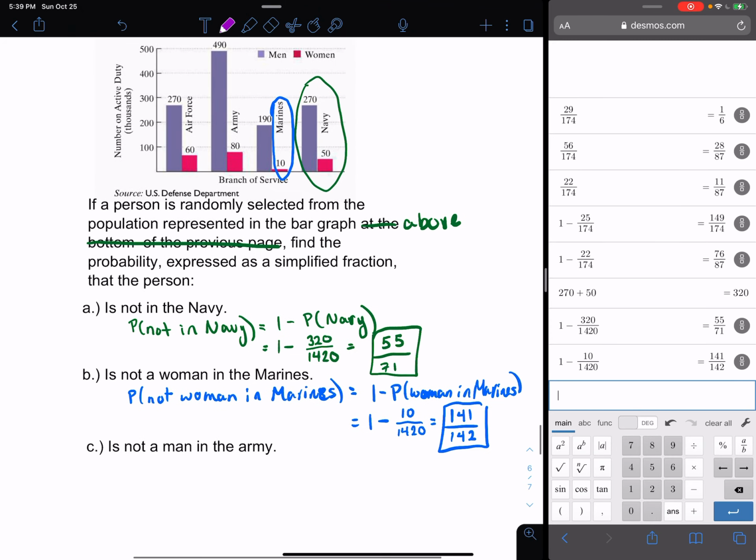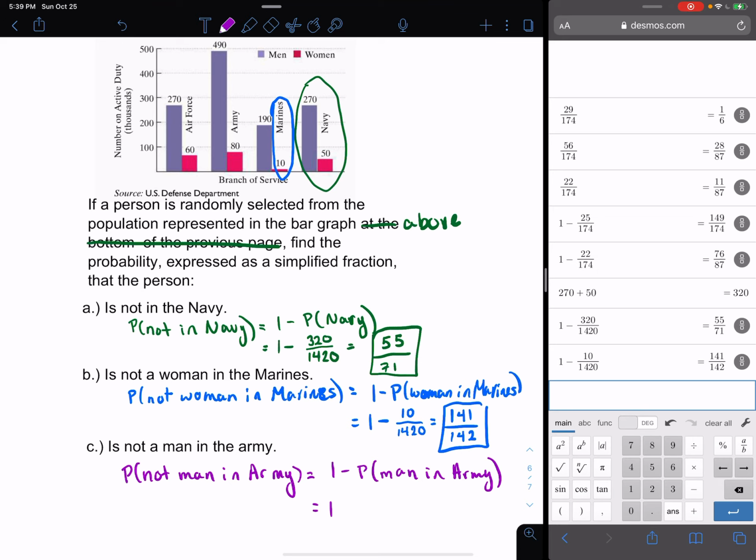If we look at part C, we want is not a man in the Army. So the probability that it's not a man in the Army, remember that not means I can do 1 minus the probability of everything after that not. So man in the Army. So I'll have 1 minus.